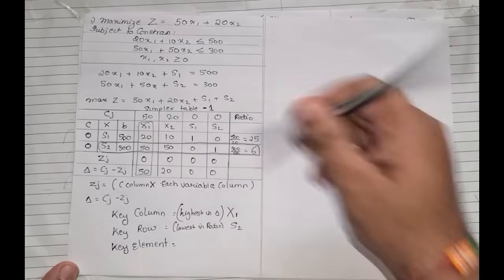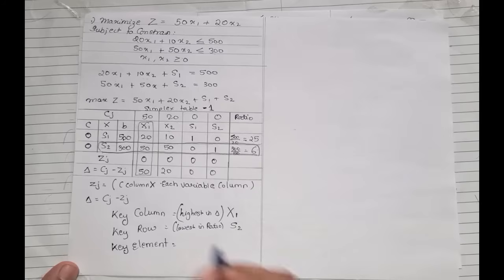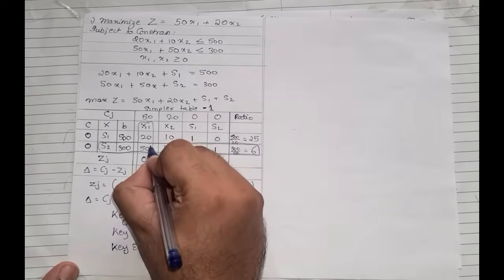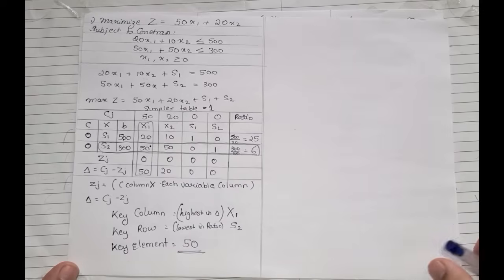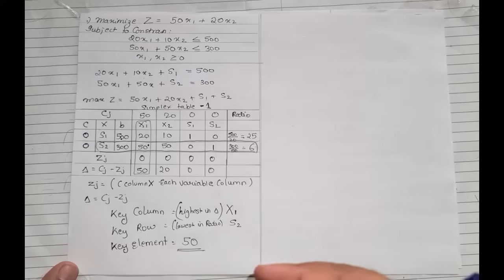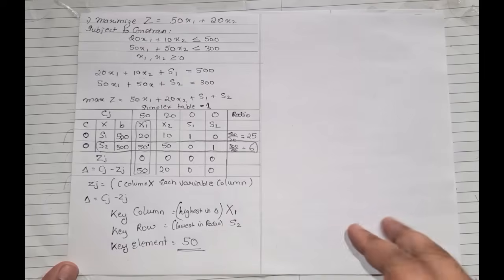The intersection of row and column is nothing but the key element. So the key element value, I'll just put a dot here, is 50. So this is step number 1 that you need to do while solving the sum based on the simplex method.